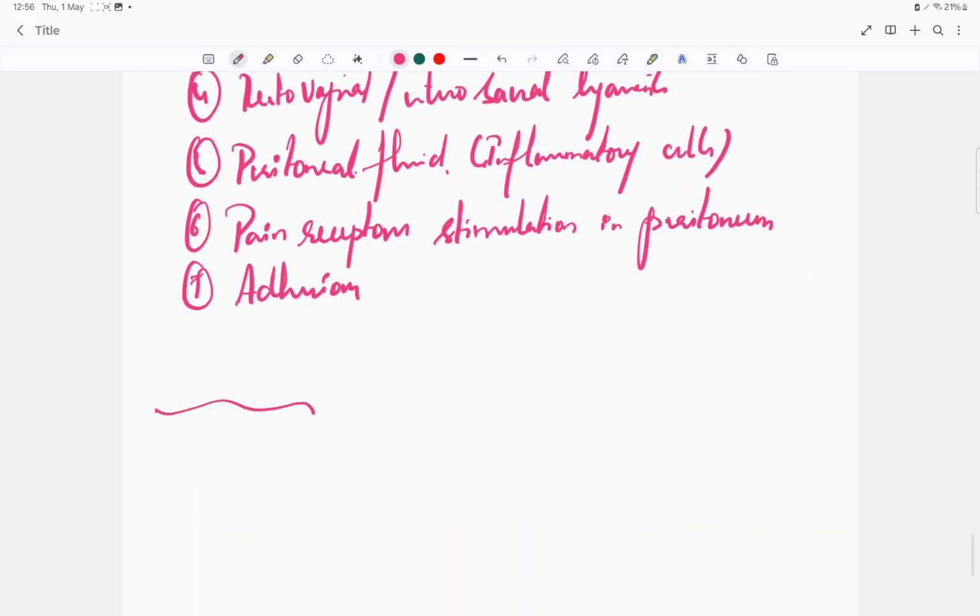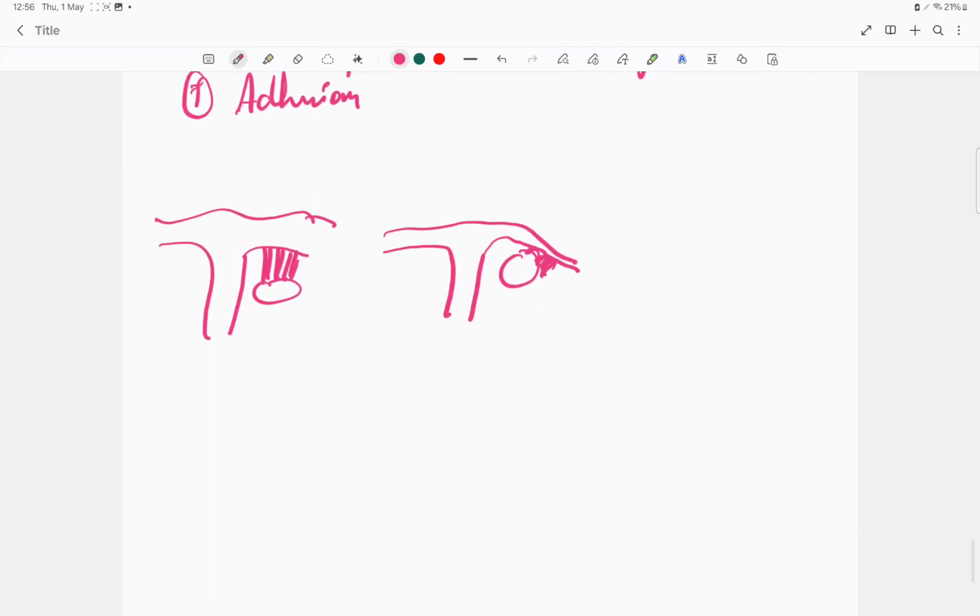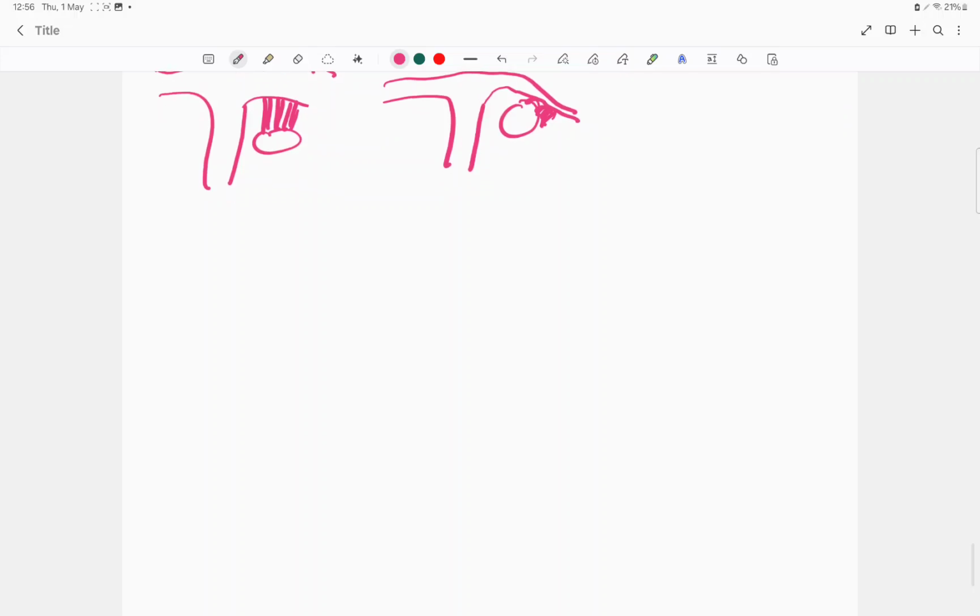For example, if you think this is a uterus, poor adhesions will happen, and that may lead to a pull like this. Because of adhesions, this will cause kinking pain. It is pulling the structures, and this adhesion formation in the peritoneum can cause pain. So these are all the causes of the pain.